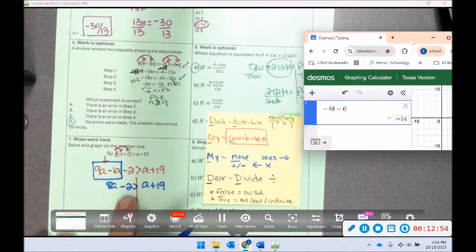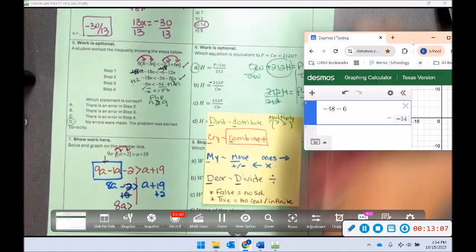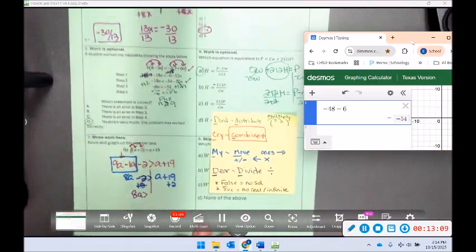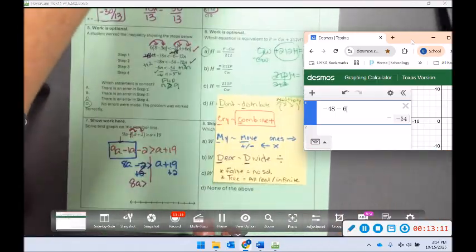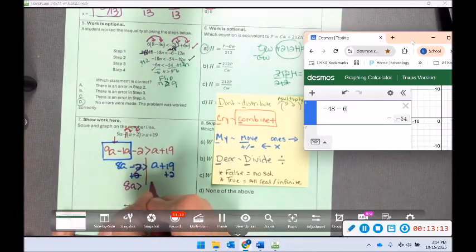So I'm going to move this negative 2 to the right. How do you move a negative 2? By plussing 2. So these are going to zero out right here. And I have 8a is greater than a, and then I've got 19 plus 2. And 19 plus 2 is 21.